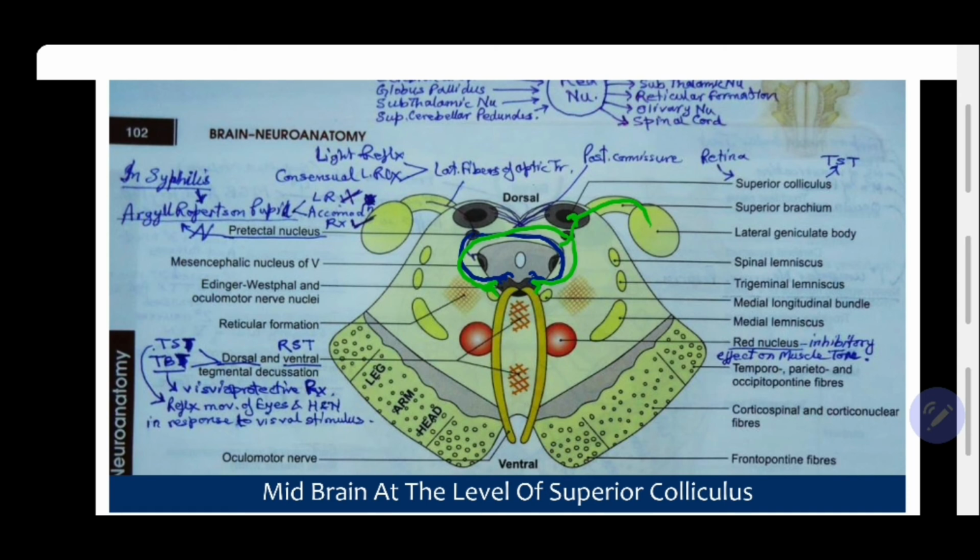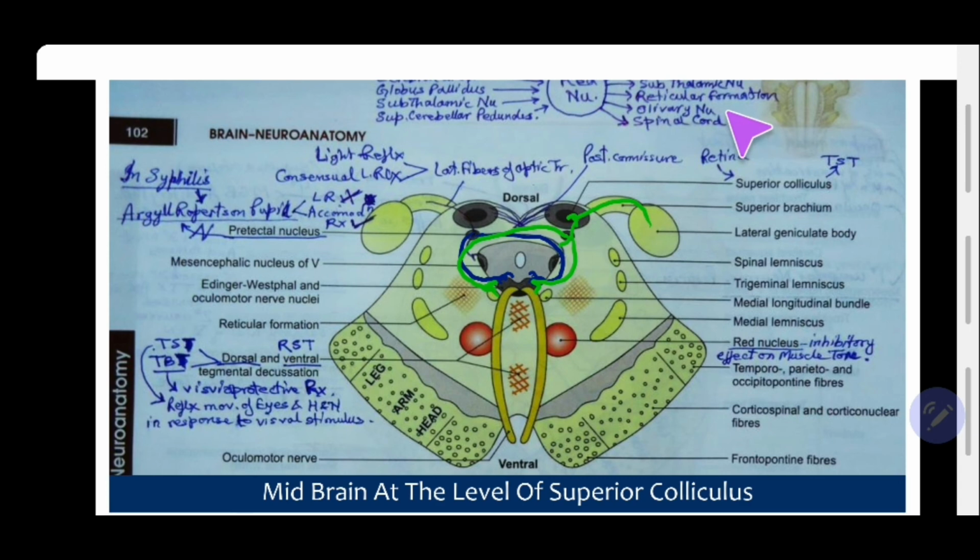Now red nucleus, remember, is actually a part of extrapyramidal descending tracts, and you can see here that red nucleus receives fibers from the cerebral cortex, from the globus pallidus, from subthalamic nucleus, and from the superior cerebellar peduncles, right? And the efferents will pass to the thalamus, subthalamic nuclei, then to the reticular formation, and olivary nucleus.